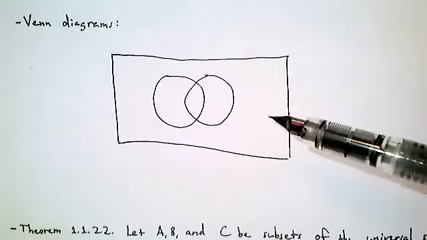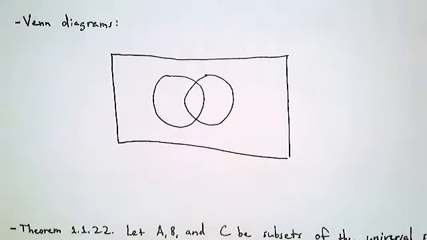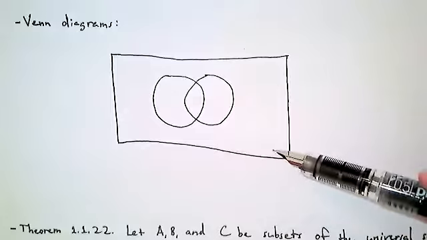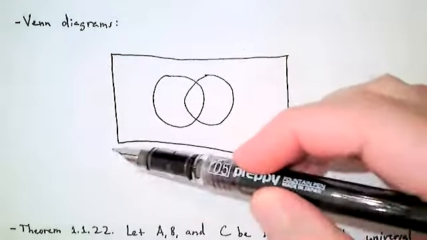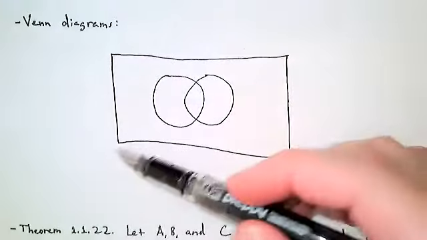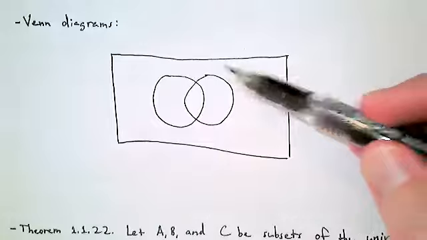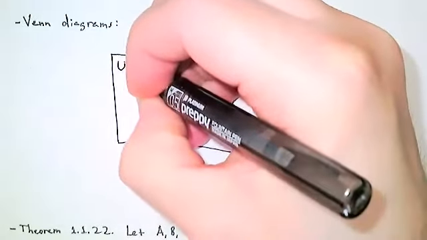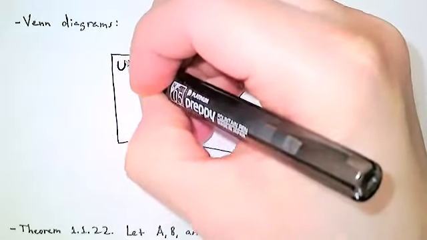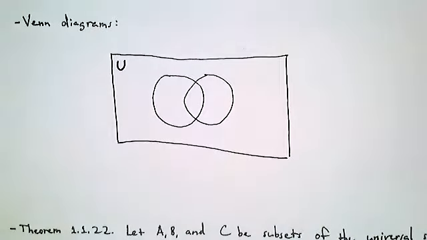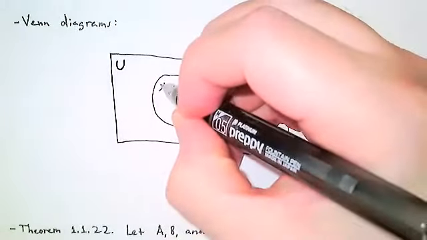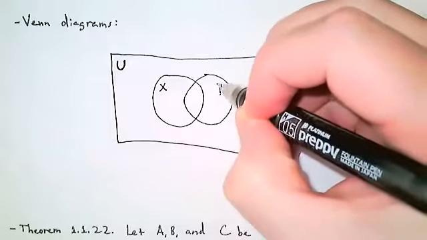And let me label some of these things in terms of the sets that we've been talking about. The first thing to do is to consider the box as a whole. This box is standing in for our universal set, so everything lives inside of our universe, U. And since I've drawn two circles, that means I have two sets that I'm considering.